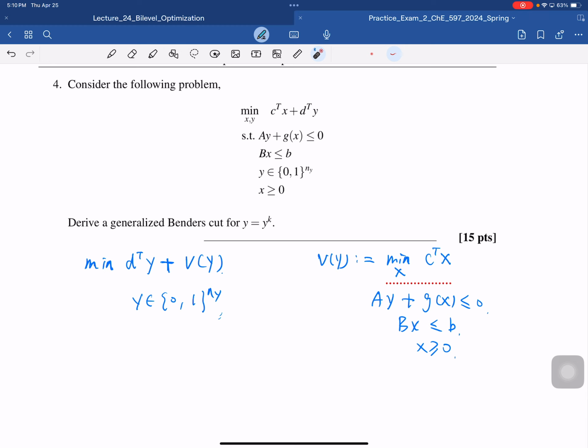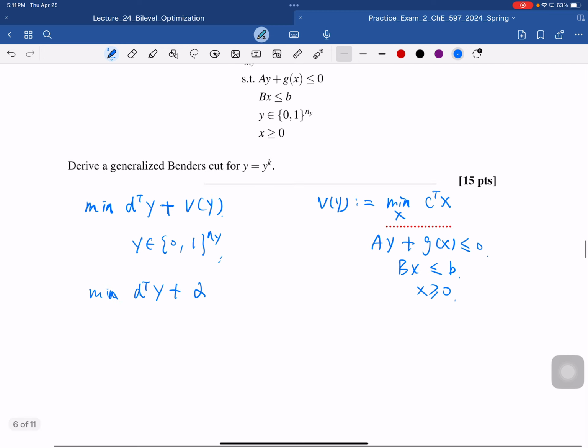But here, you can use the optimality conditions of this, let's call it a value function, to derive some cutting planes, such that you don't need to explicitly solve for the x variable in this type of master problem. Right? So the format of the master problem in generalized Benders is usually, say, minimize d transpose y plus alpha.